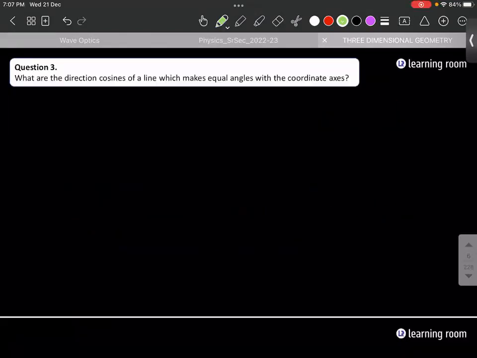What are the direction cosines of a line which makes equal angles with the coordinate axes? Alpha is equal to beta is equal to gamma. So what is going to be each angle? So we don't know what is the angle, but what is the relation we know between the direction cosines? We know that l square plus m square plus n square is 1.